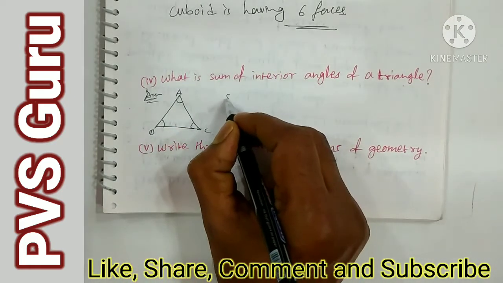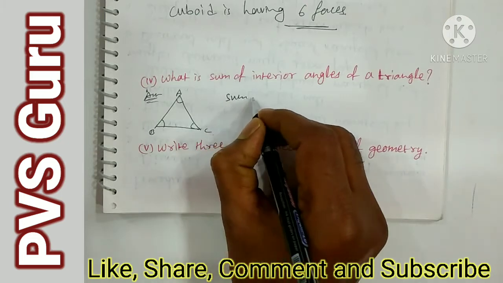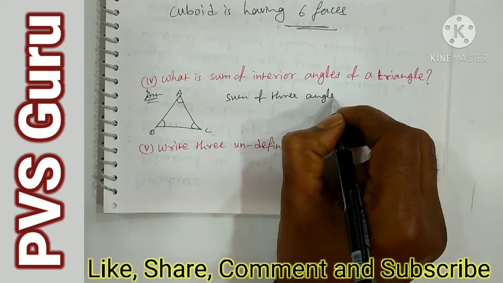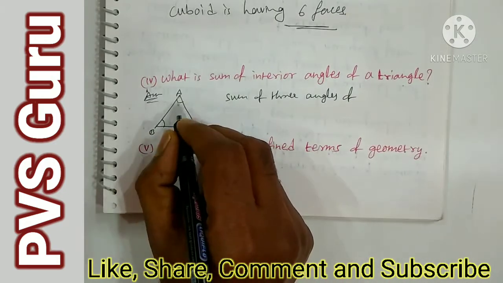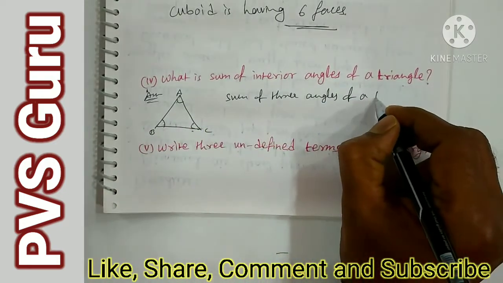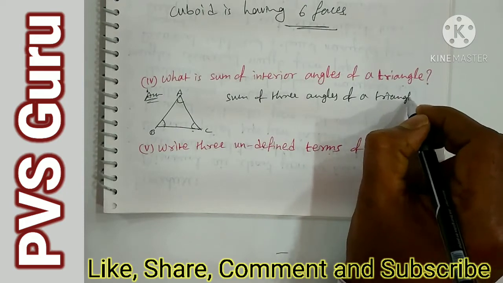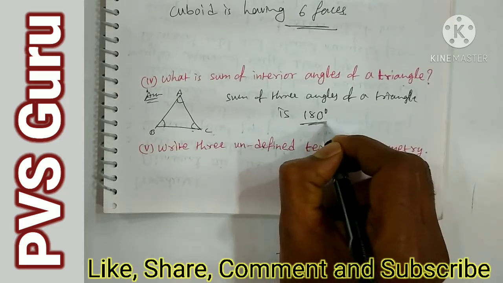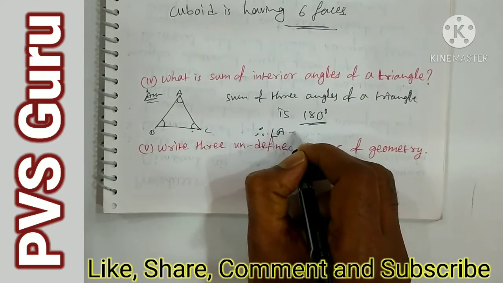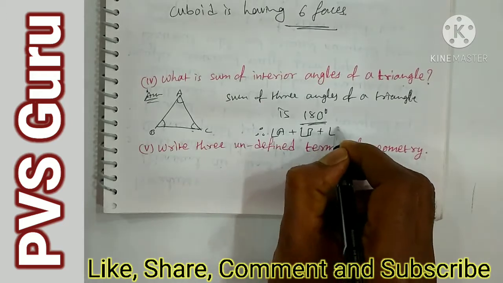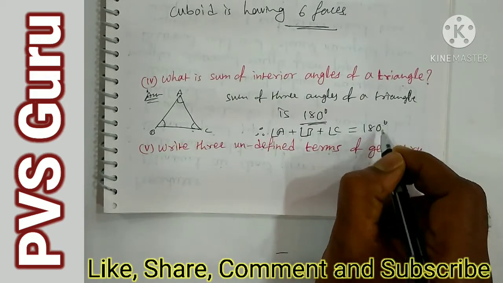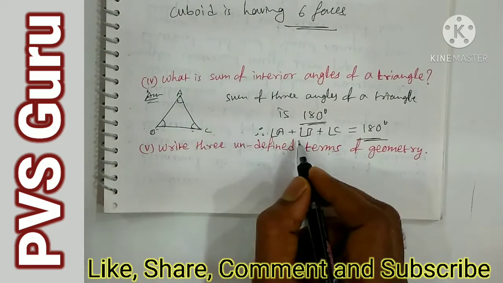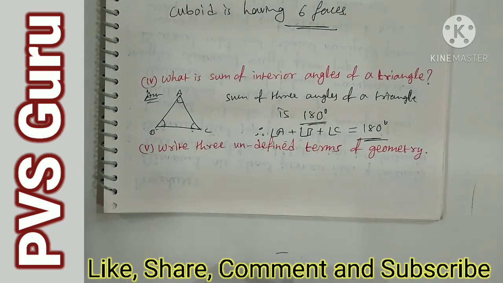The sum of the 3 interior angles of a triangle is 180 degrees. That is, angle A plus angle B plus angle C is equal to 180 degrees.